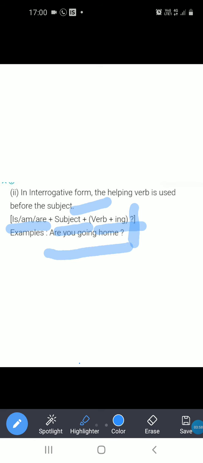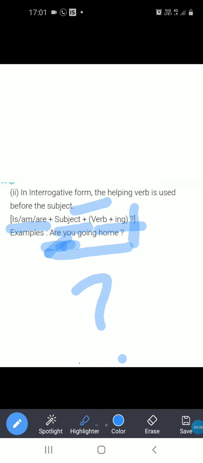Example: Are you going home? So this are here in the beginning is expressing that someone is asking something. He is not giving a simple statement. He is asking something. So are is used in the sense of a question. Helping verb, then subject. Here you is used.